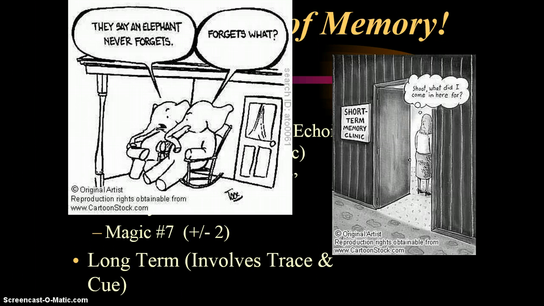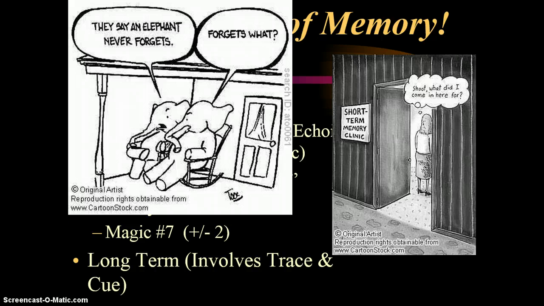That's a trigger. That's a cue that causes you to remember a particular day and a particular event or a particular set of events. Now, if I asked you that question, what did you do the first day of school this year, and you're able to tell me what you did, that is the trace. The trace is basically what you remember.